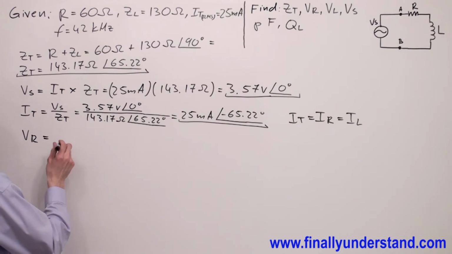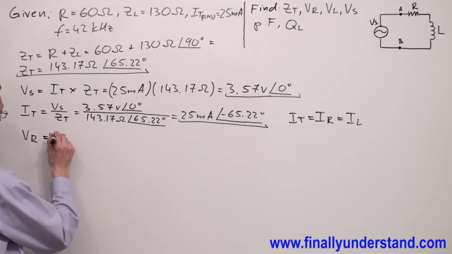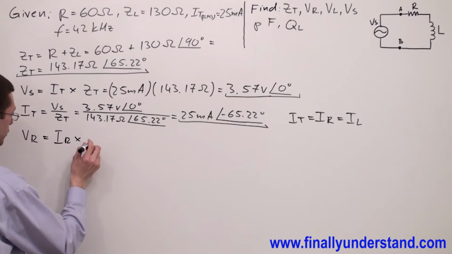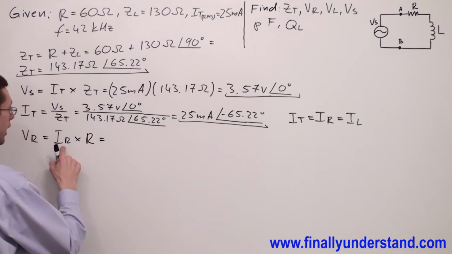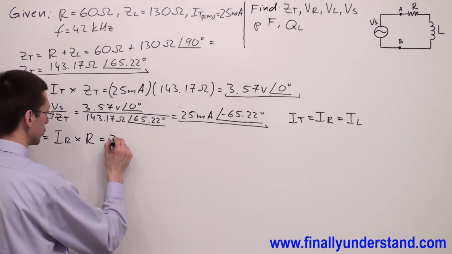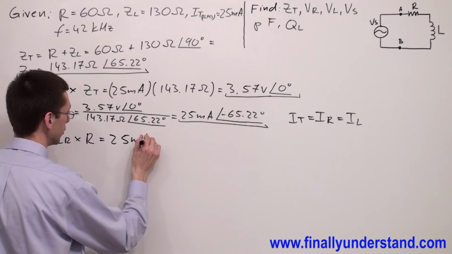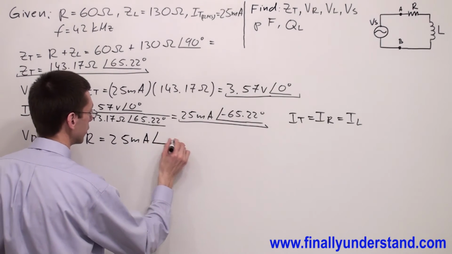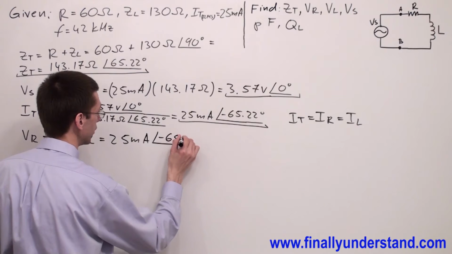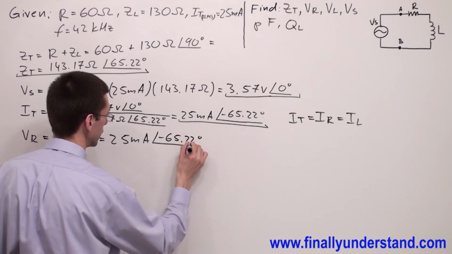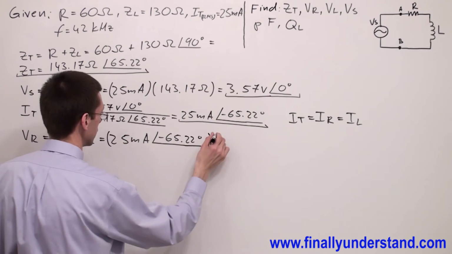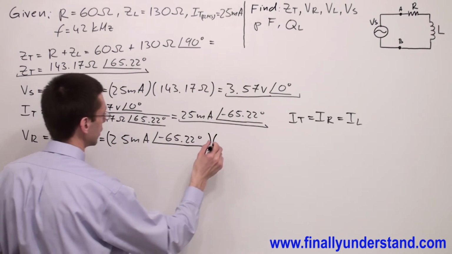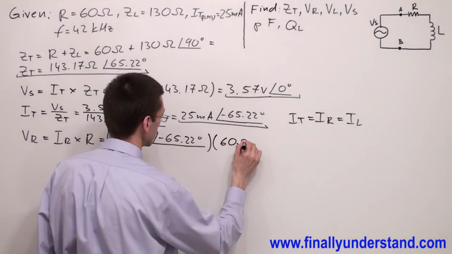This is equal to IR times resistance, where the current which goes through the resistor is 25 milliamps and angle of negative 65.22 degrees, times the resistance, which is equal to 60 ohms.